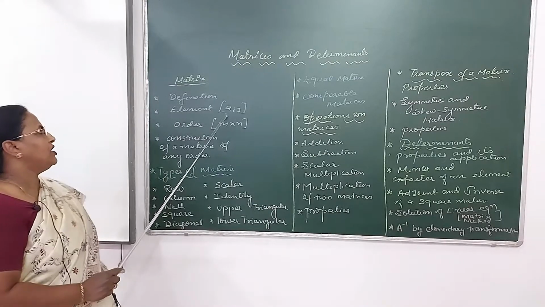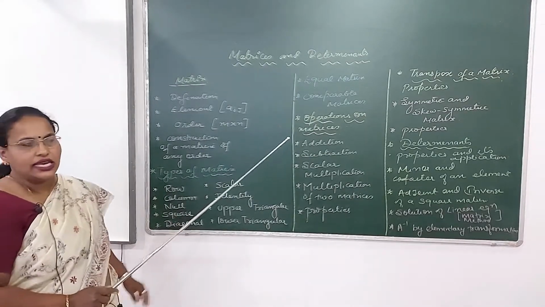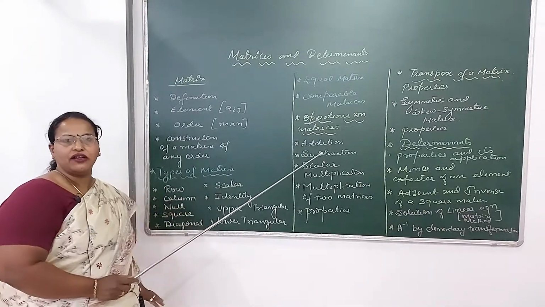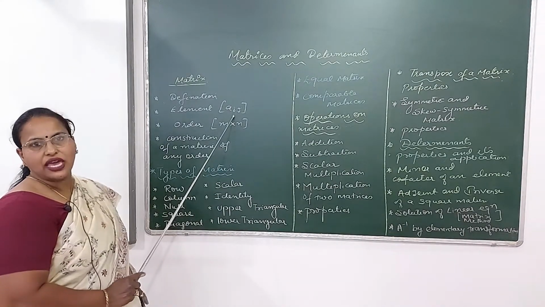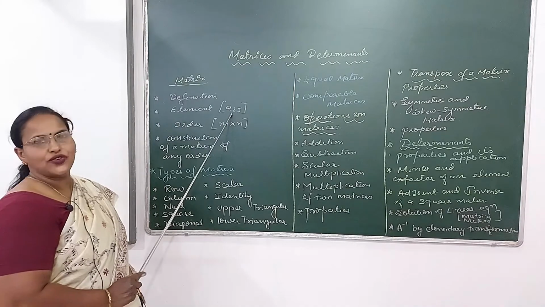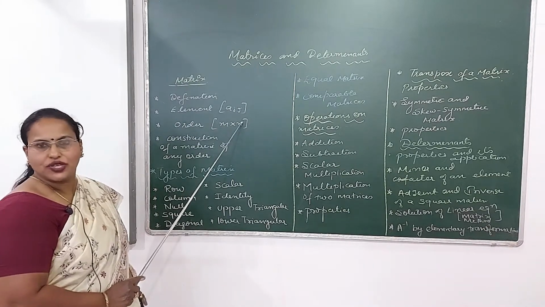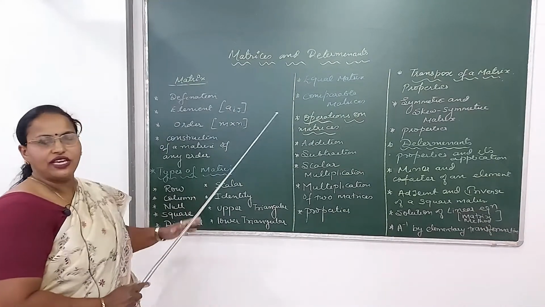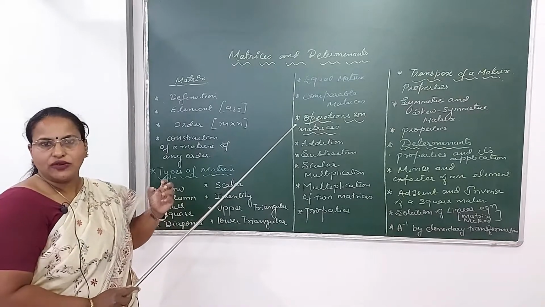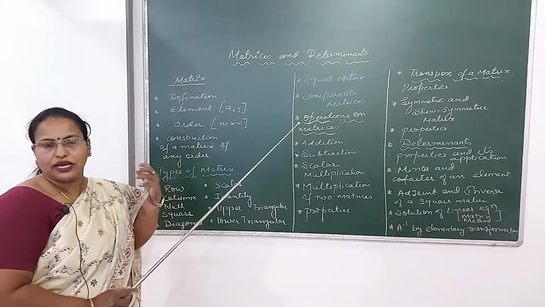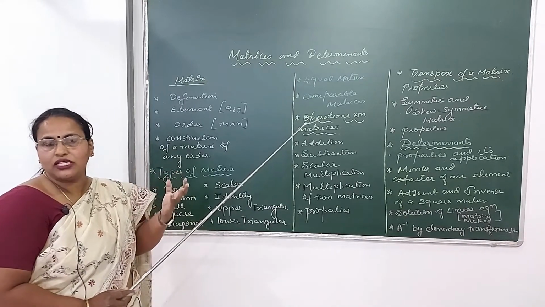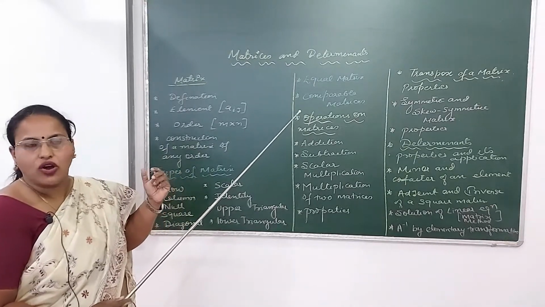How an element of a matrix is denoted. Each and every entry of the matrix is called as element, and element is denoted by the term Aij, where i stands for the position of row and j stands for the position of column. Like if I say A23, then it should be very much clear to you. I am asking about the element which is placed in second row and third column.